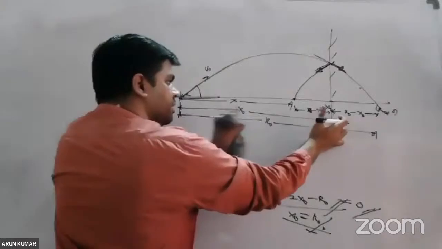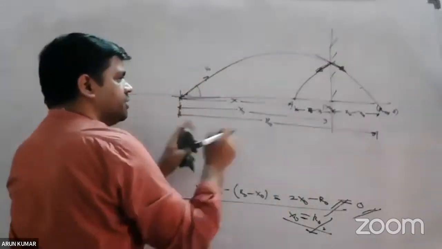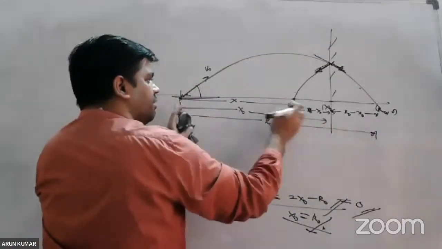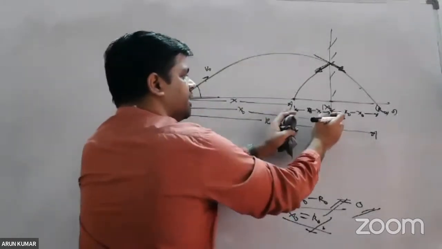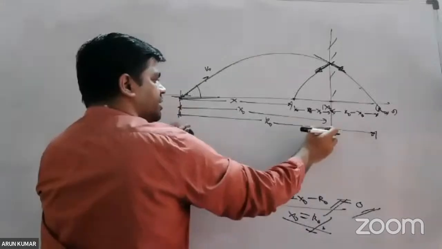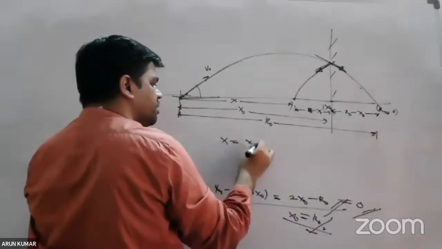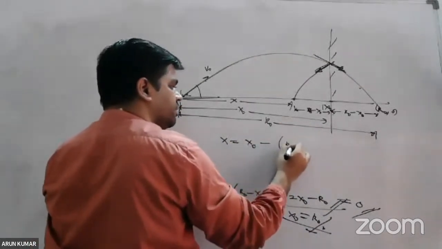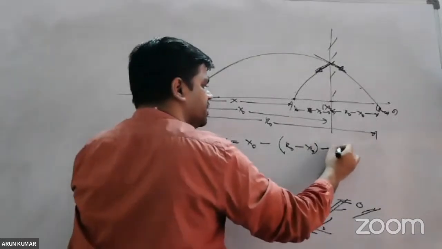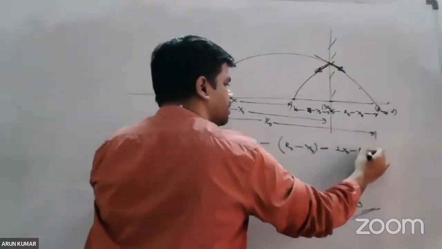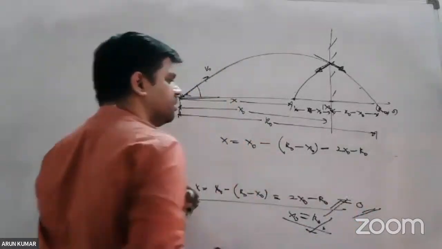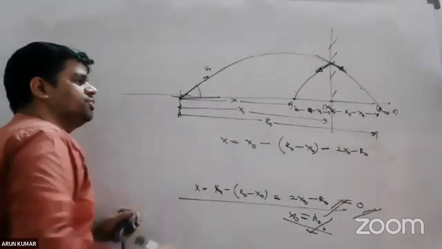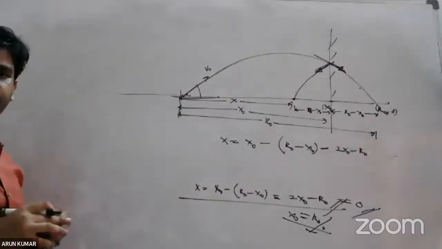Total is x naught, this is R naught minus x naught, and what I need is x. So x is x naught minus of R naught minus x naught, which is equal to 2x naught minus R naught. So I got x as 2x naught minus r naught. That's how I got the equation.